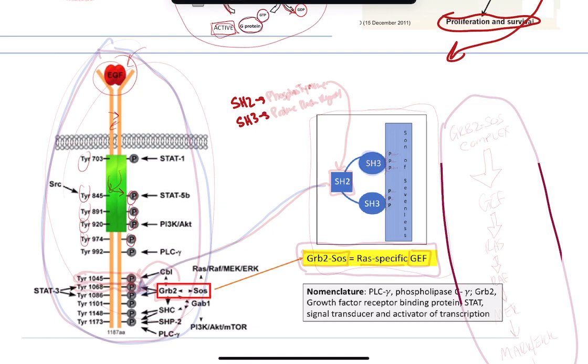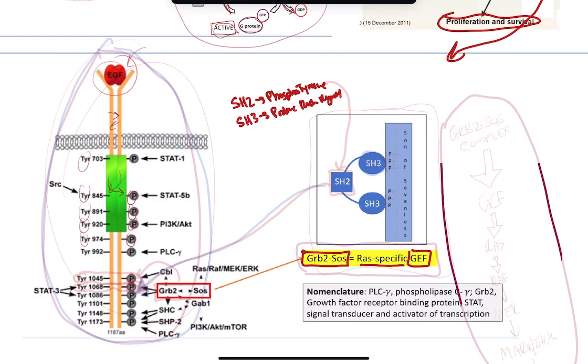We know SH2 is going to be for phosphotyrosine. SH3 is going to recognize proline-rich regions. Now, I'm going to just cut right to the point. When we have a RAS-specific pathway, that GEF that we were talking about before, the RAS-specific GEF, is something called GRB2-SOS.